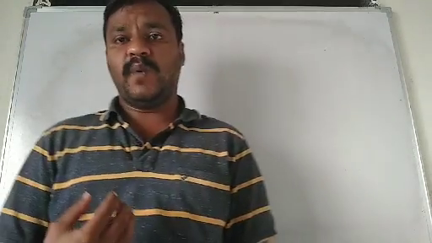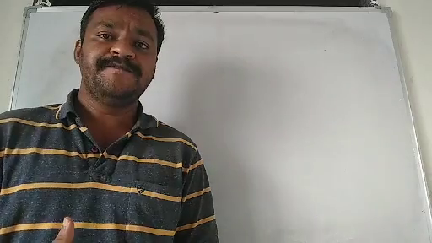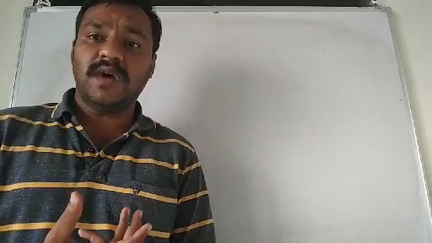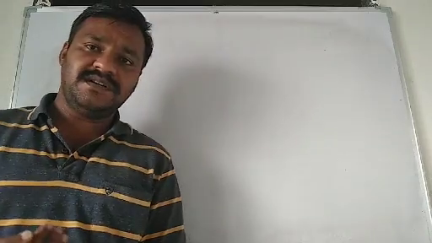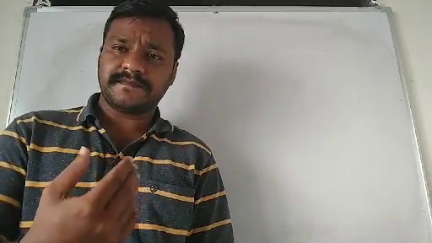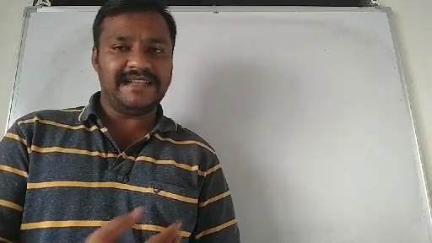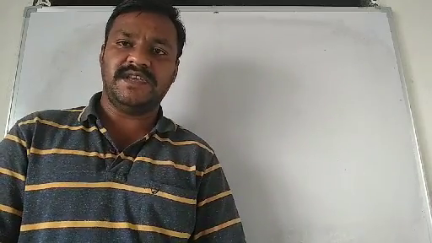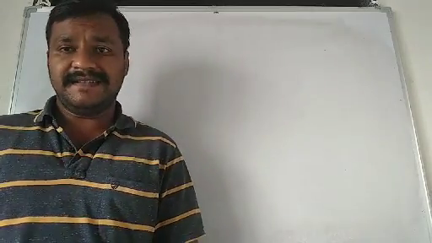Or else, wherever a particular sentence has a finite verb, a verb which changes according to the tense and the number of the subject, as I told you. Such kinds of sentences are called simple sentences.